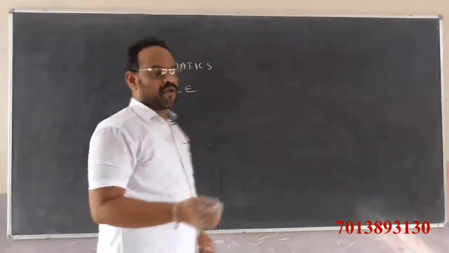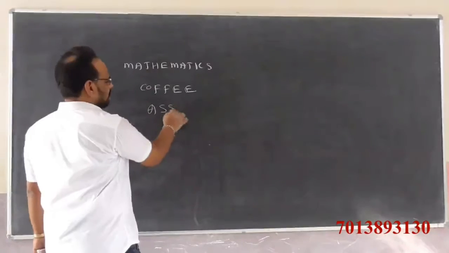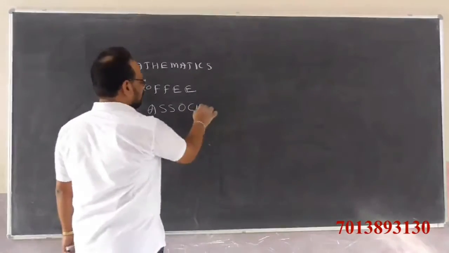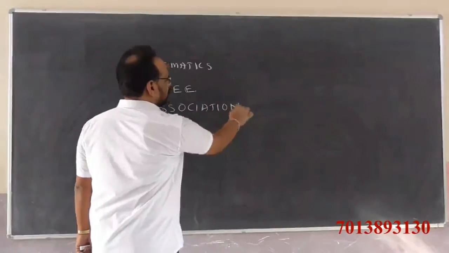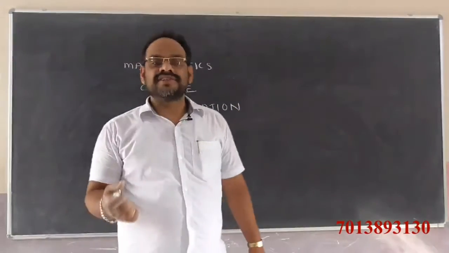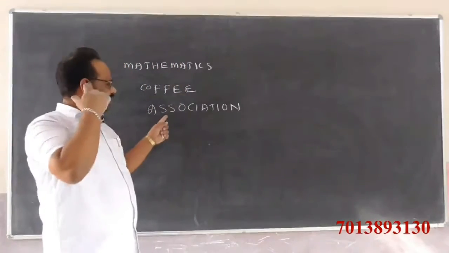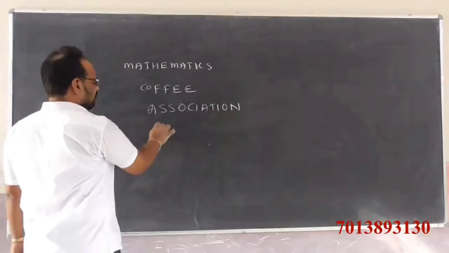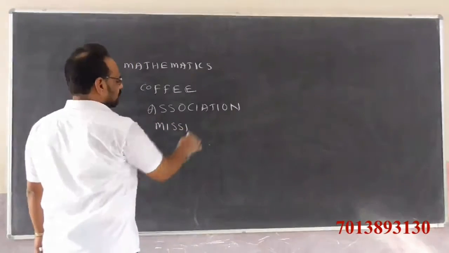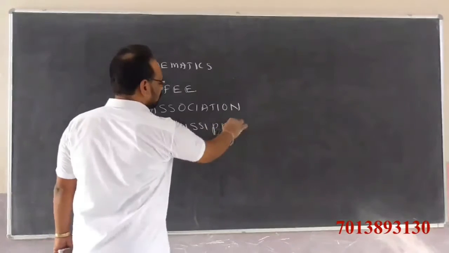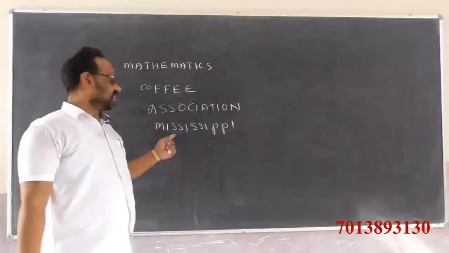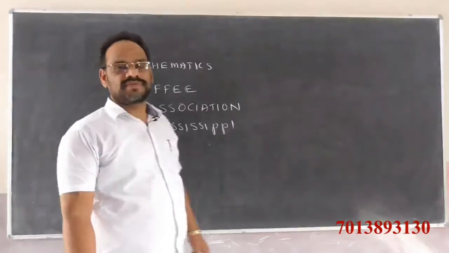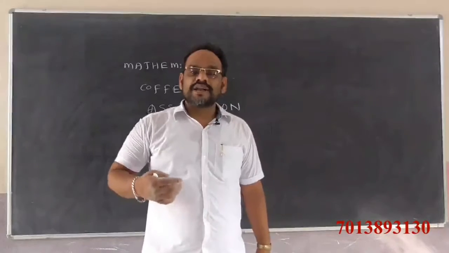Association: S is repeated 2 times, I is repeated 2 times. Mississippi: S is repeated 4 times, I is repeated 4 times, P is repeated 2 times. That means it contains repeated letters.